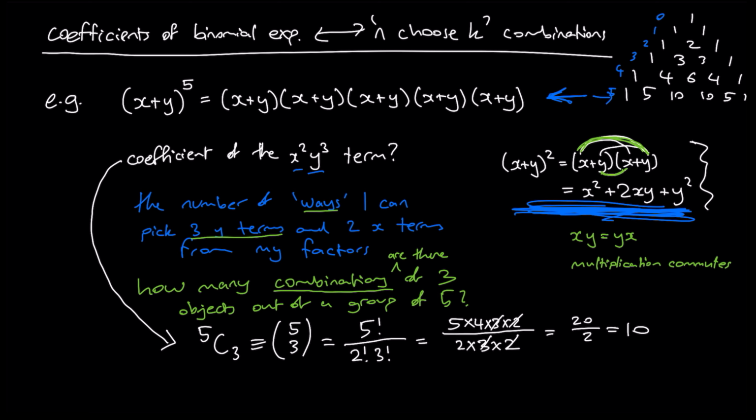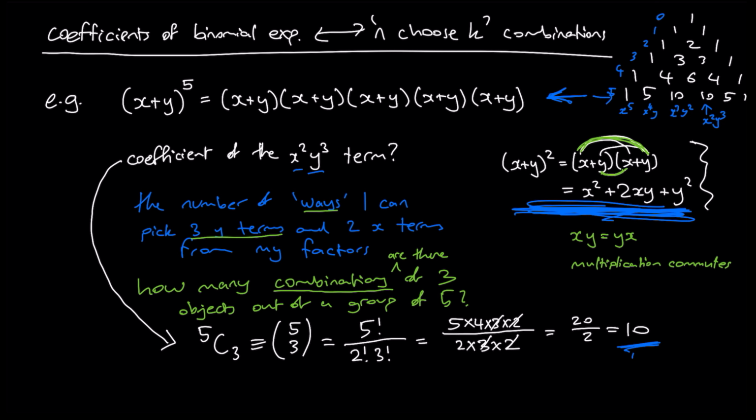My x squared y cubed term is this one, because I start with x to the 5, and then I move to x to the 4, y to the 1, then x cubed y squared, and then x squared y cubed. So the coefficient is 10.